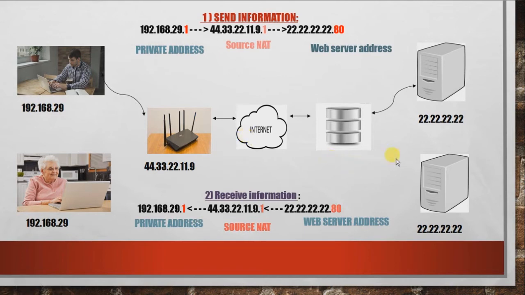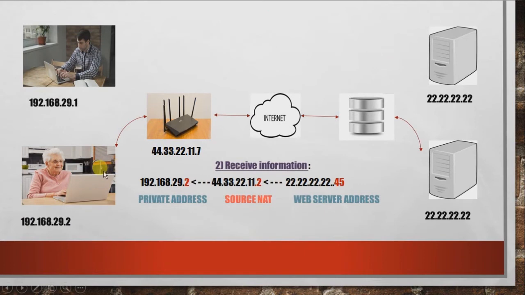In another scenario, let's say Sam's mother will receive an email from the web server. Let's say the web server address is 22.22.22.22:45, where 45 is the port number of the web server address, and it's different from the other one because his mother receives information from another port of the web server address.